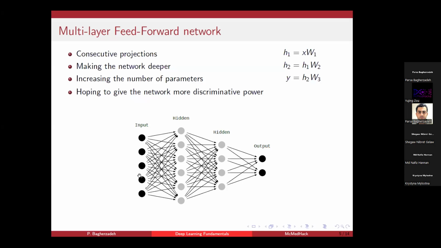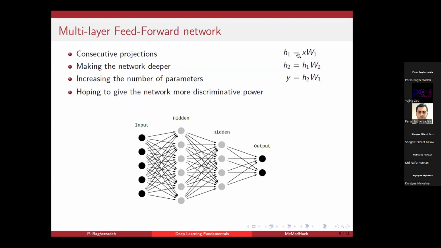Before we had an input layer and output layer. Now we have an input layer, two hidden layers here, for instance, for this network, and an output layer. Each layer here can be characterized and defined by a projection. So here I have my first mapping, my first projection.